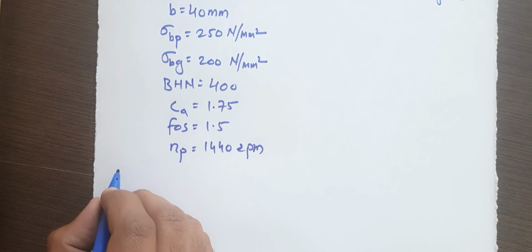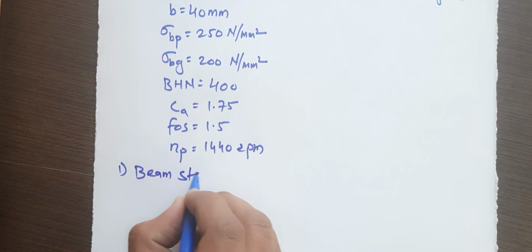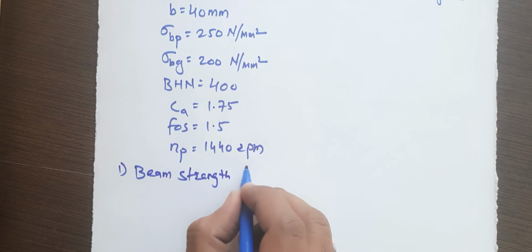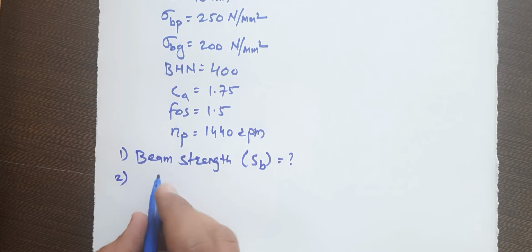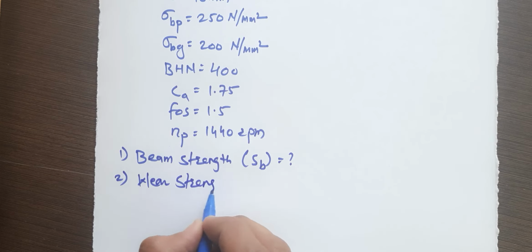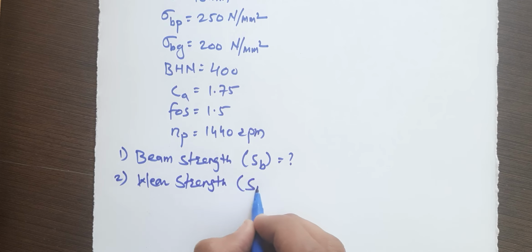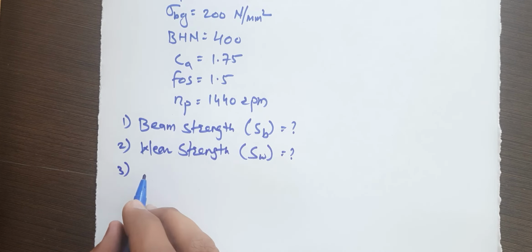Determine: number 1, beam strength, that is nothing but SB. Number 2, wear strength, SW, you need to find. Number 3, the maximum static load the gear can transmit.